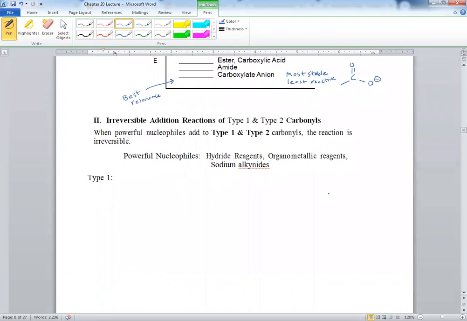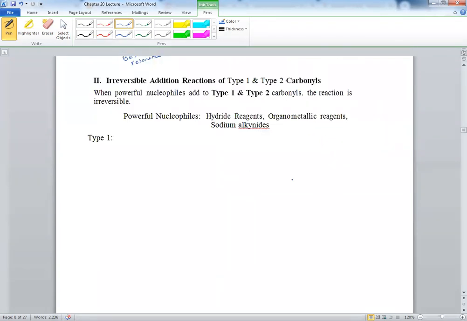Now, we have irreversible reactions for the type 1. And let's draw this here. So when powerful nucleophiles add to type 1 and type 2 carbonyls, the reaction is irreversible. And this is where we have powerful reagents, and they are the hydride reagents.